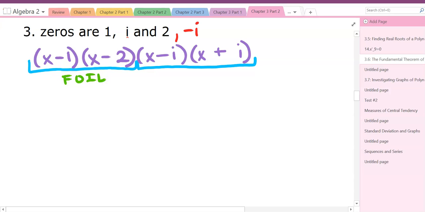to get started. So first would be x times x, x squared. What would be my outside term? Or just the first set, what would be the outside term? Negative 2x. What would be your inside?